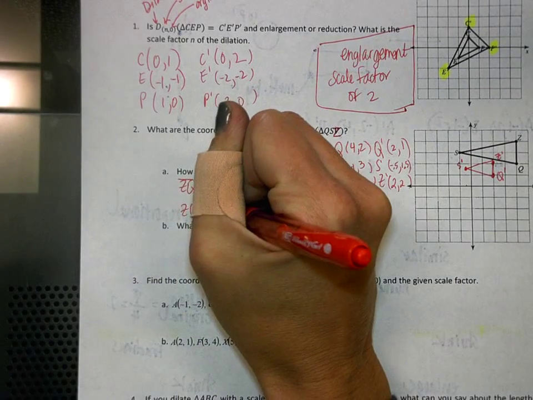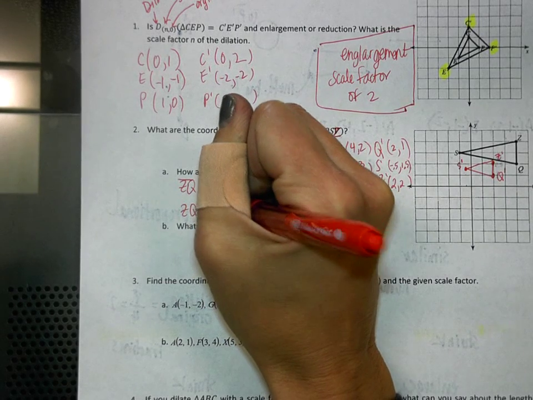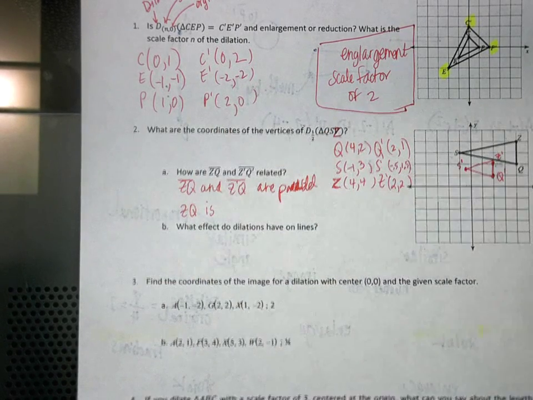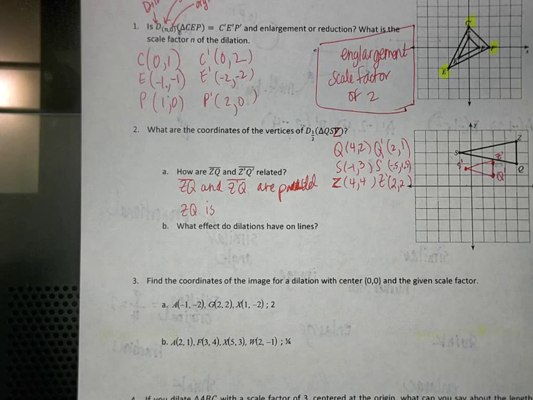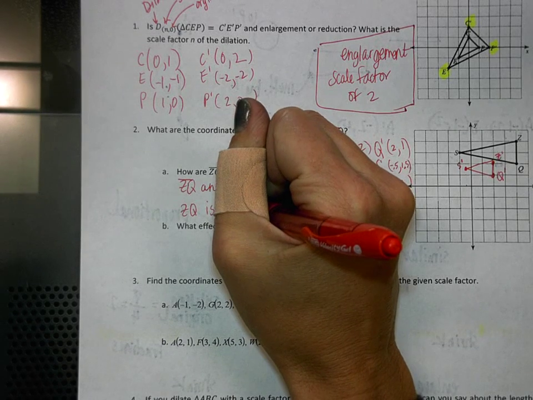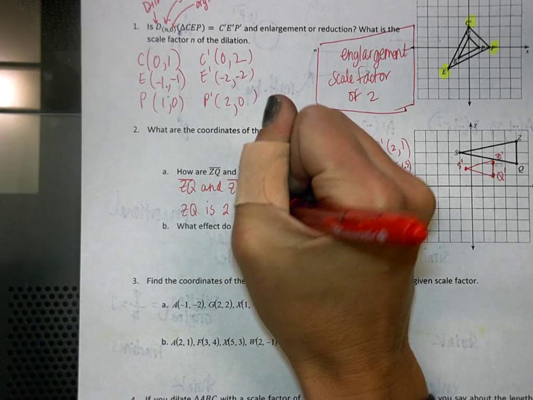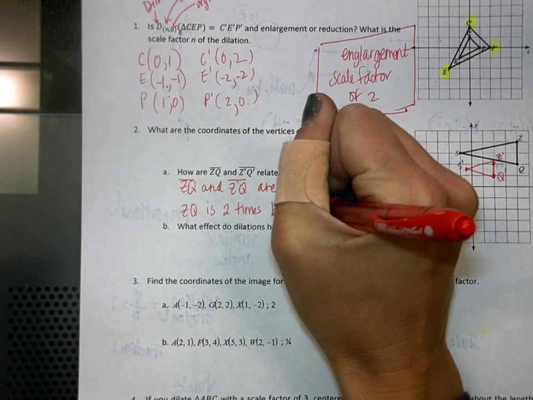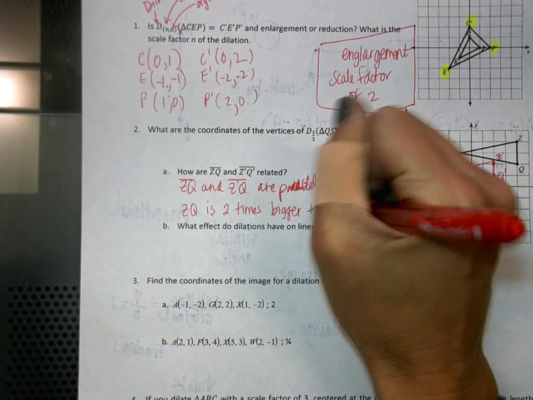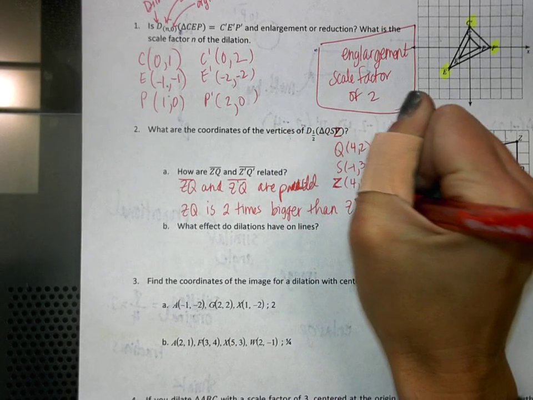ZQ is bigger or smaller? So it's how much bigger? Or 2 times. So ZQ is 2 times bigger than Z prime Q prime.